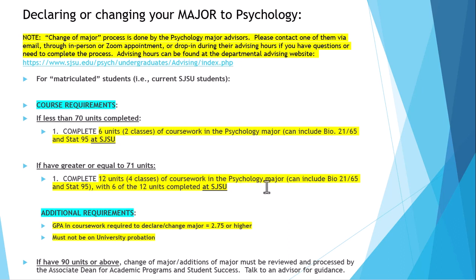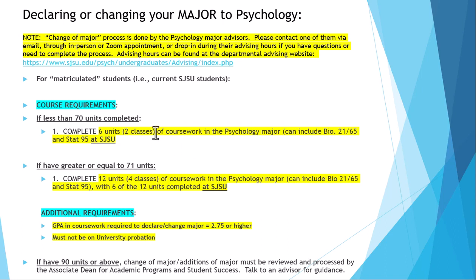Okay, now in addition to the course requirements, there are additional requirements that you need to fulfill in order to officially declare psychology as your major. So there are GPA requirements. In the courses that you took to declare psych as a major, you have to have a GPA of 2.75 or higher.